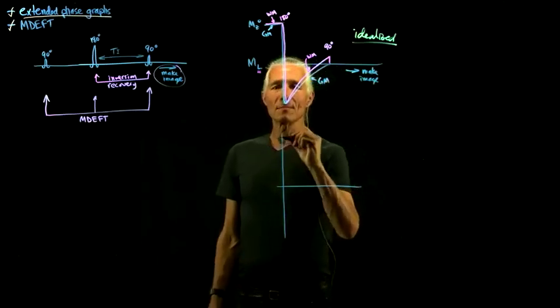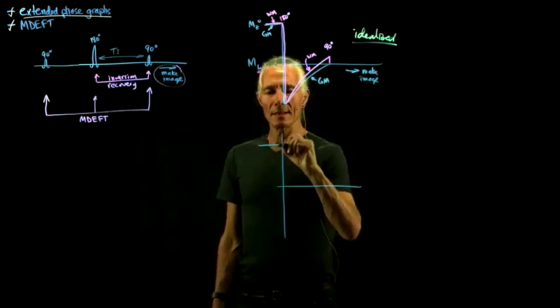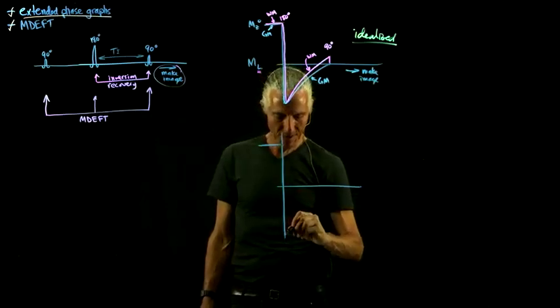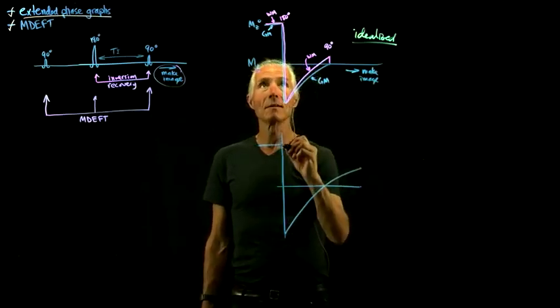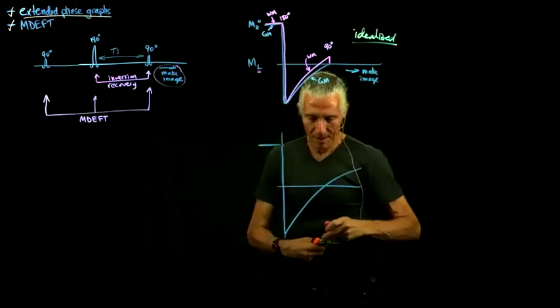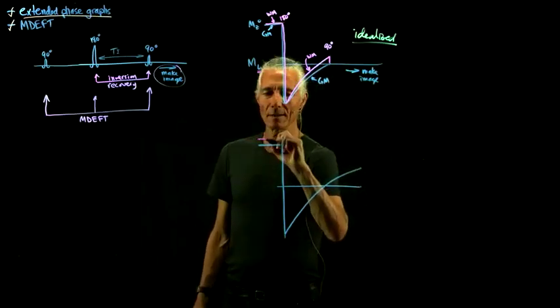In this case, say this is what happens to the gray matter, but say the white matter has recovered a little quicker, so the white matter is up here.